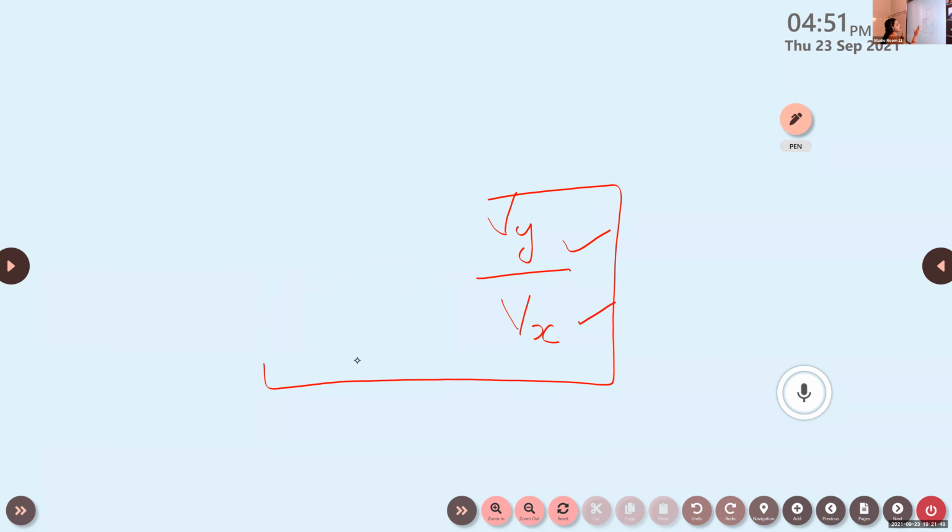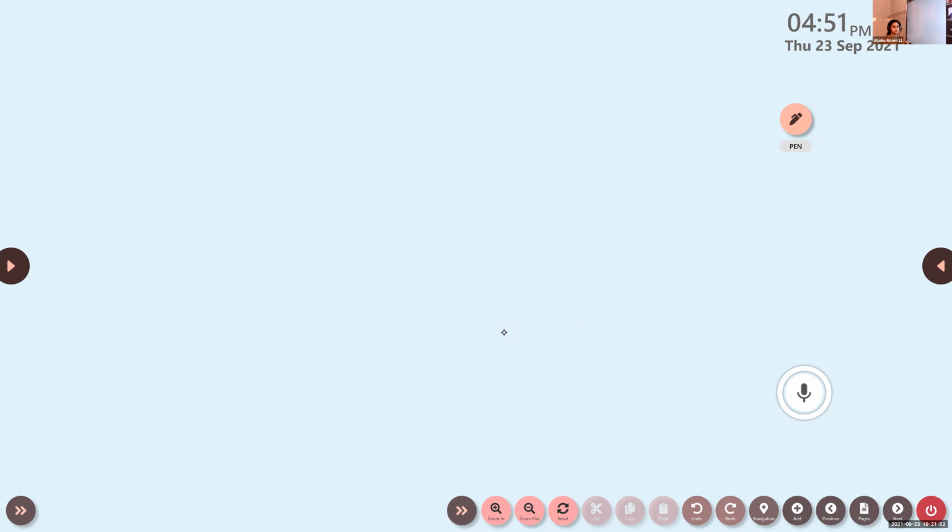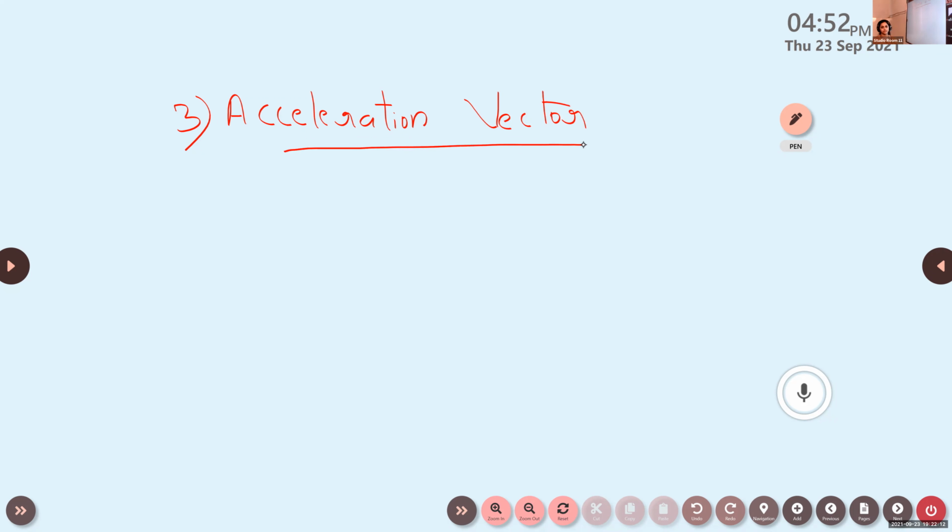Now, the next heading: acceleration vector. The third term associated with the motion of an object in a plane is the acceleration vector. The acceleration vector is used to determine the acceleration of an object moving along a plane.